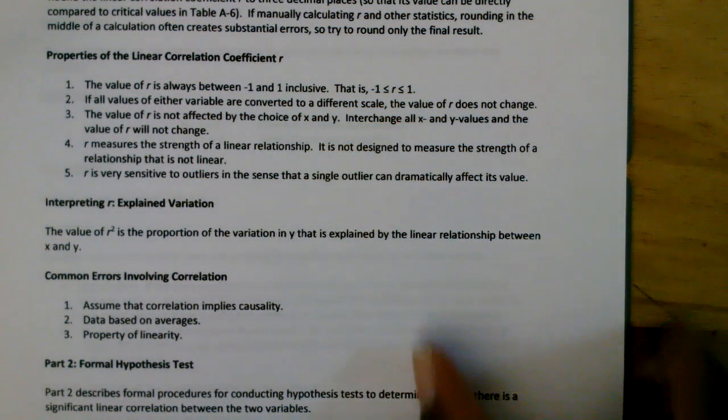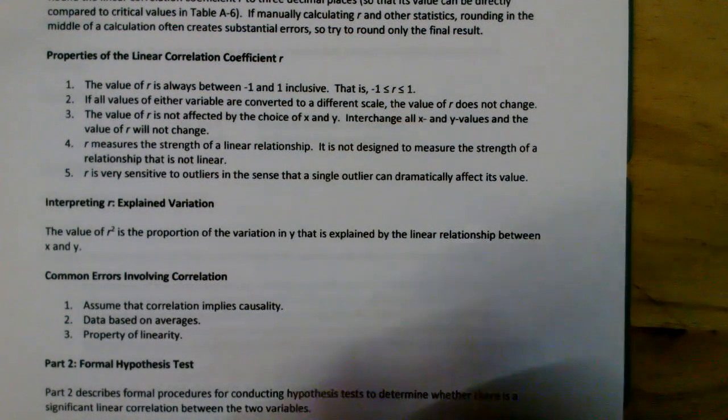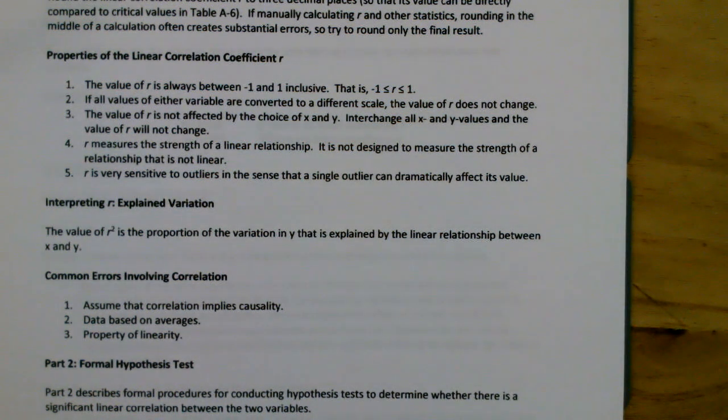Now, there are some common errors that involve correlation. Number one, assuming that correlation implies causality. That's one big error, because you might have a correlation between two variables, but we can't say that one is the cause of the other.